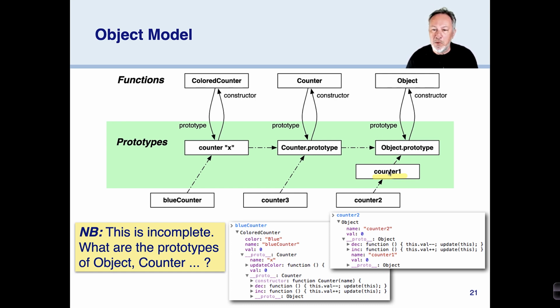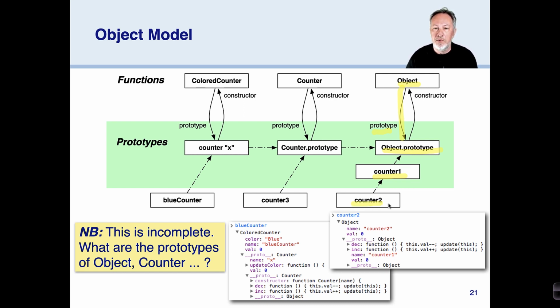And whenever we create any object in such a way, it gets by default as a prototype Object.prototype. Object is the default constructor that we used with Object.create. All these constructors know what their prototype is. So Object's prototype is a default one. This is the end of the prototype chain for all objects in the system.